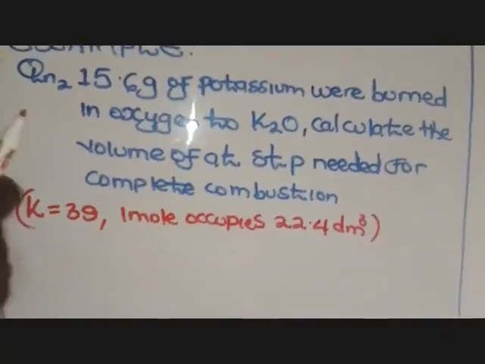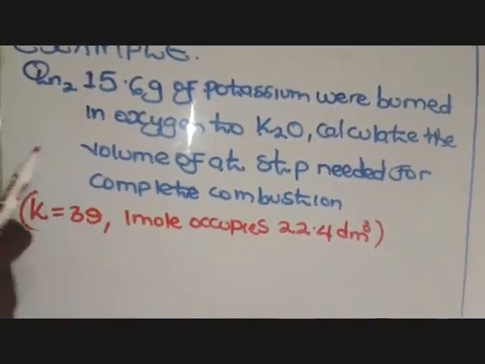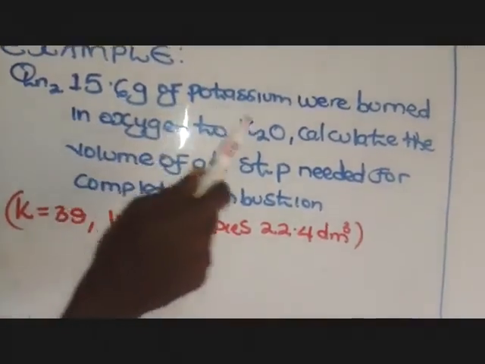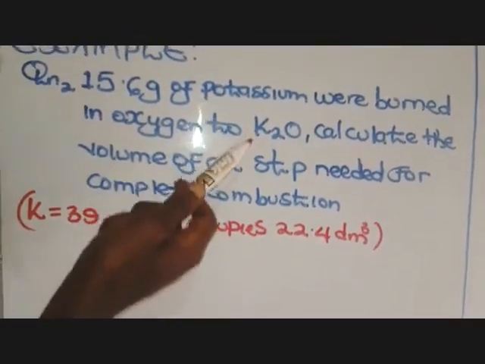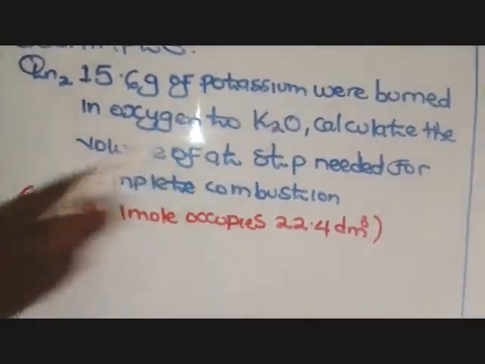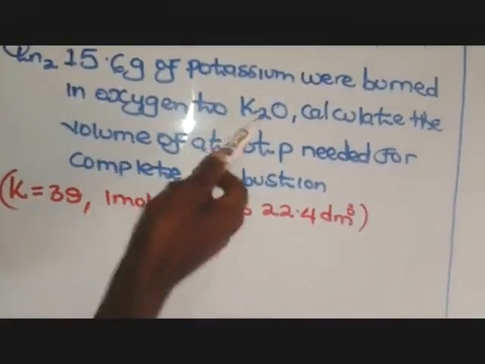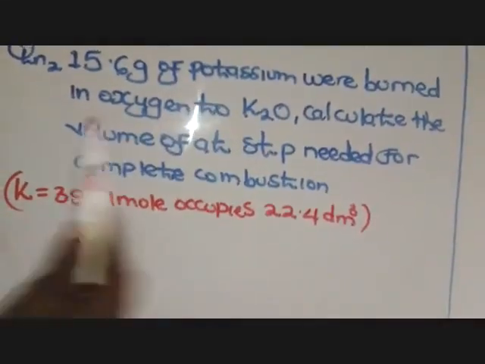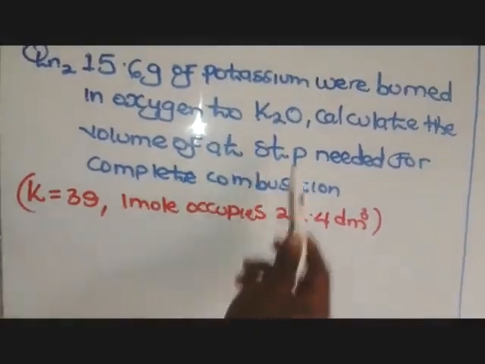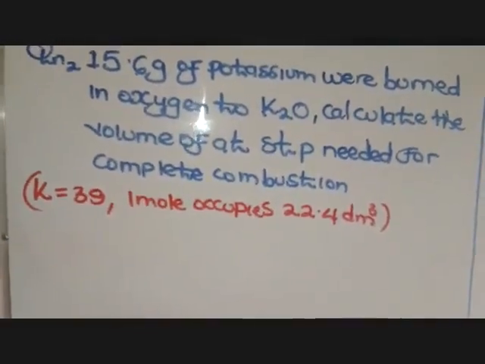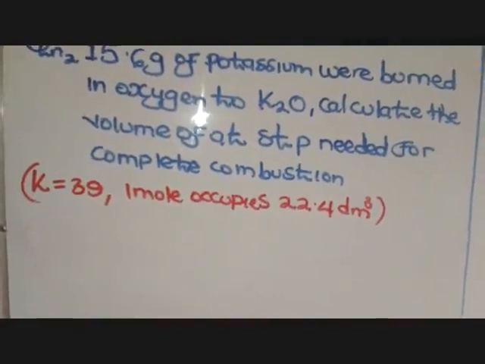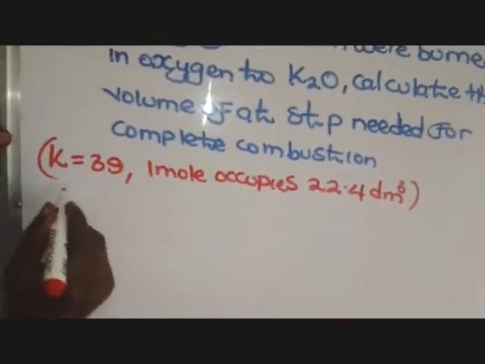So members, our second example. They are saying 15.6 grams of potassium metal were burnt in excess oxygen to form potassium oxide. Calculate the volume at standard temperature and pressure needed for complete combustion. Now, in this question, still as we did the first one, we begin by writing our equation.